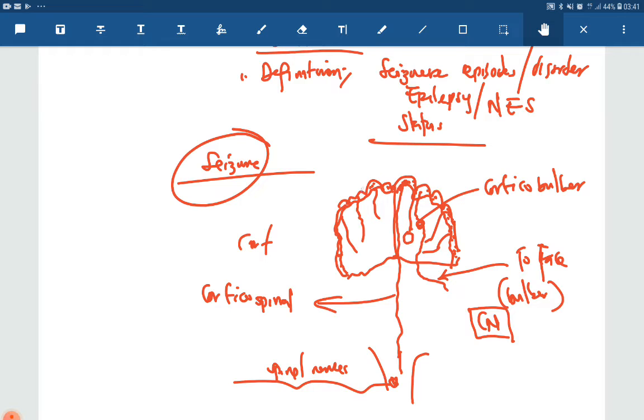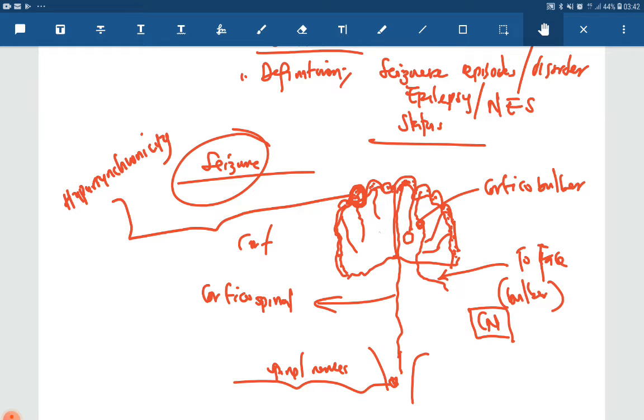Now, in seizure, what we have is a disruption of the brain, and that is due to a form of changes that involves the cortical nerves. These cortical nerves have two things. One, hypersynchronicity. This is where you have one nerve able to trigger several other nerves to fire.